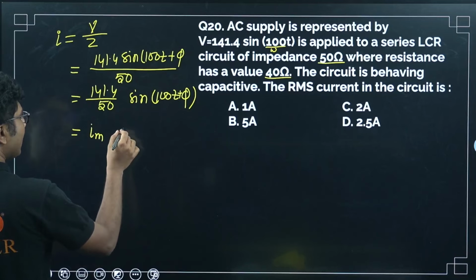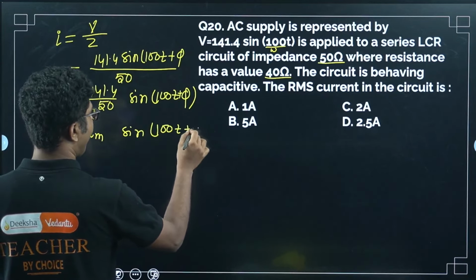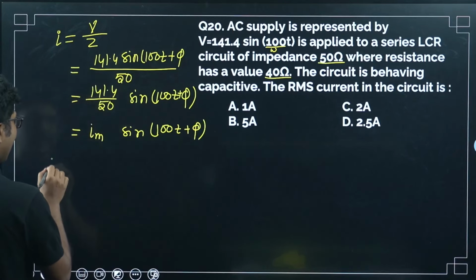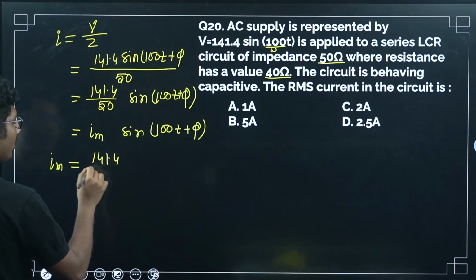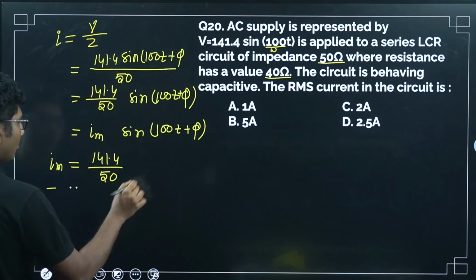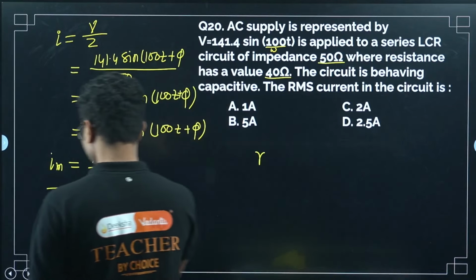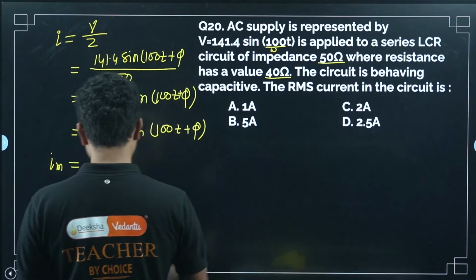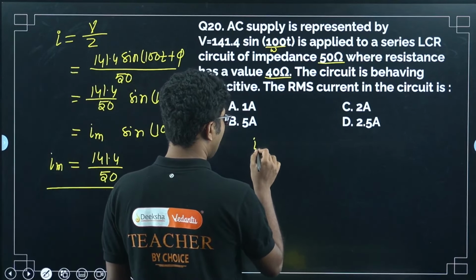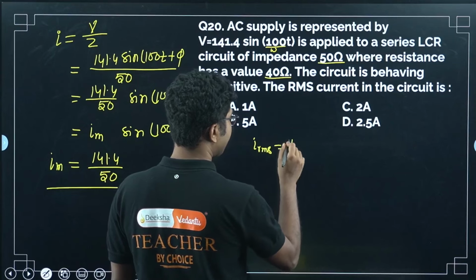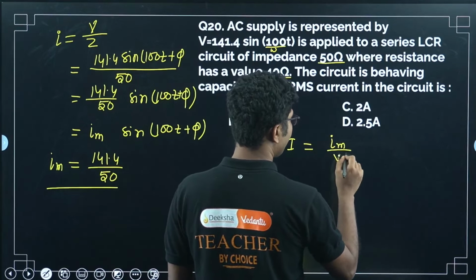So from this, what we can write is that I_m, the maximum value of current, is 141.4 by 50. So what is the RMS current? RMS current is given by I max by √2. So I RMS, sometimes written as capital I, is equal to I max by √2.